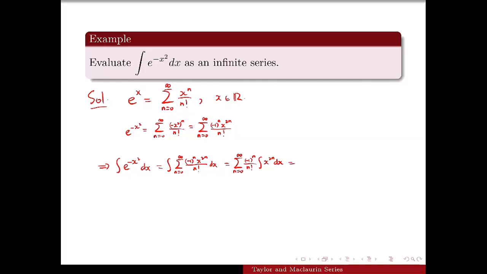So this is just the sum, negative 1 to the n, x to the 2n plus 1 divided by n factorial times 2n plus 1, n from 0 to plus infinity, plus some arbitrary constant c. And this is our antiderivative.